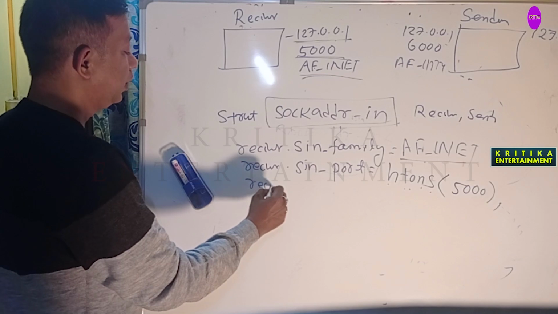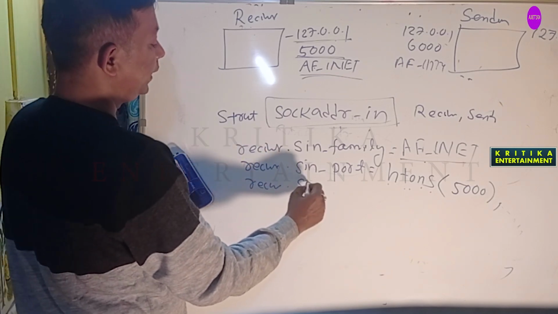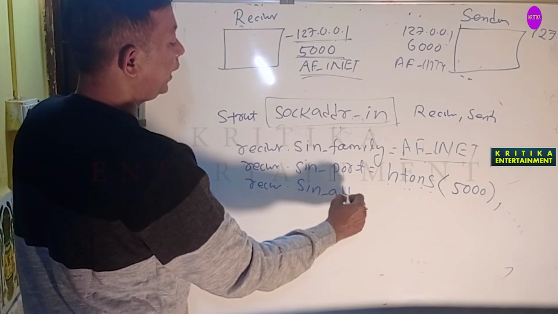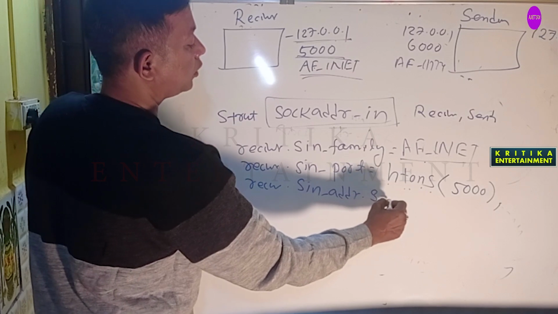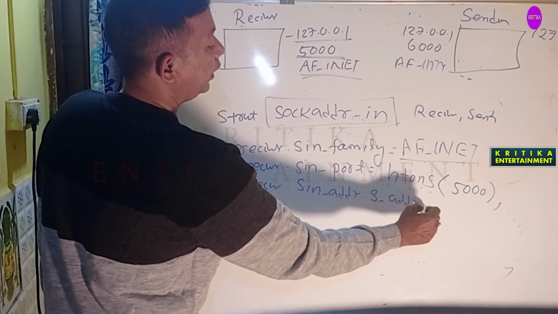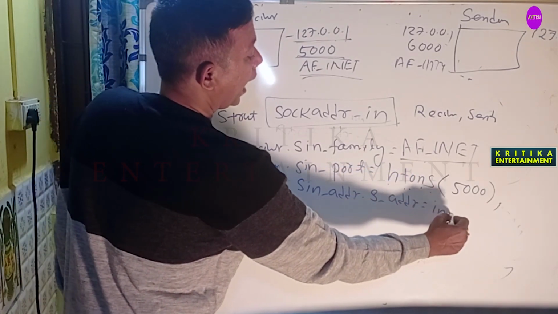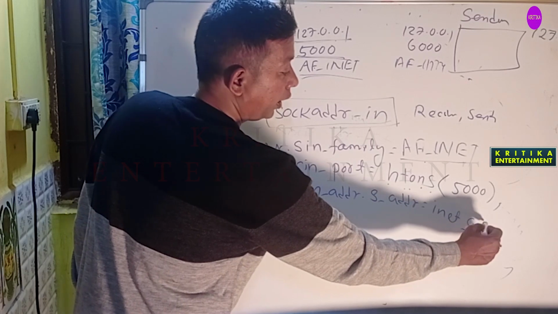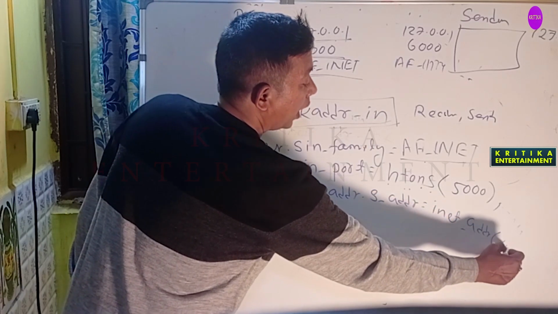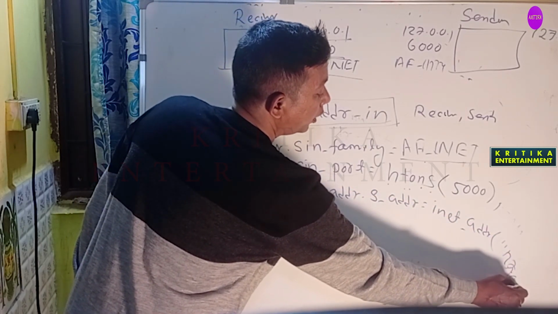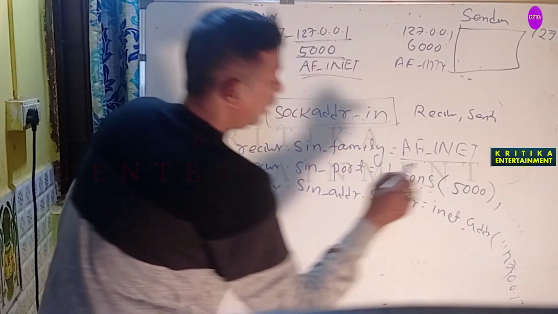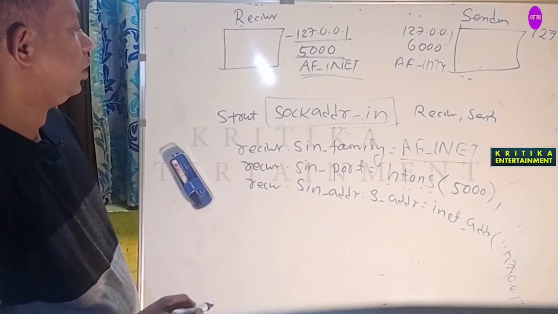Then receiver dot sin_addr dot s_addr is equal to, I will write inet_addr, 127.0.0.1. Okay, I will assign this IP address.